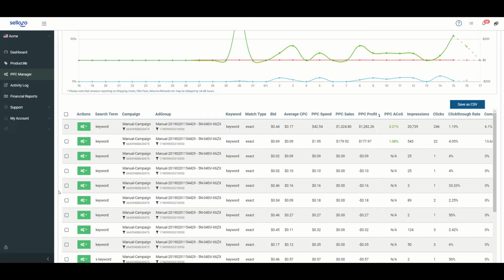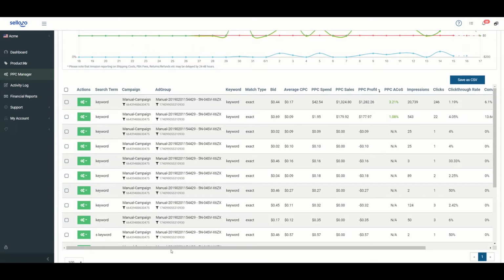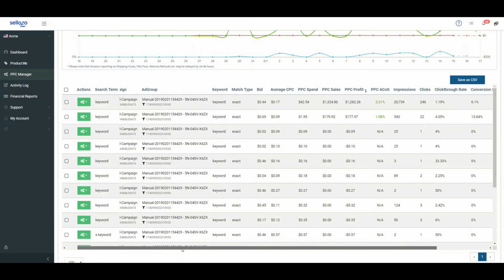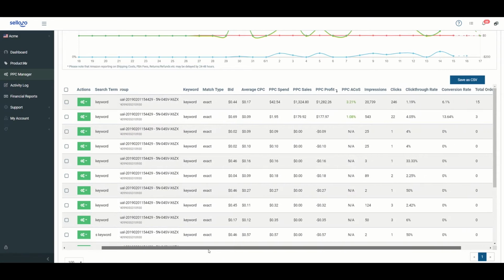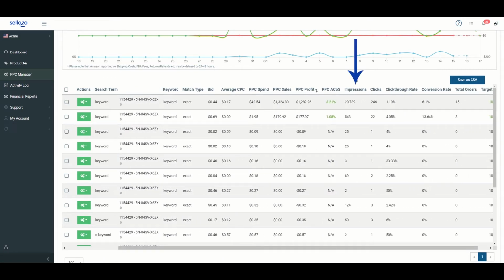The things you want to look at when looking in the search term tab are a few things. The first would be your impressions. Now, not all search terms are going to have a super high search volume, meaning it might be a pretty obscure term, and so people just aren't searching it that much, which is totally fine. However, there are cases where the search term should have a pretty high search volume.